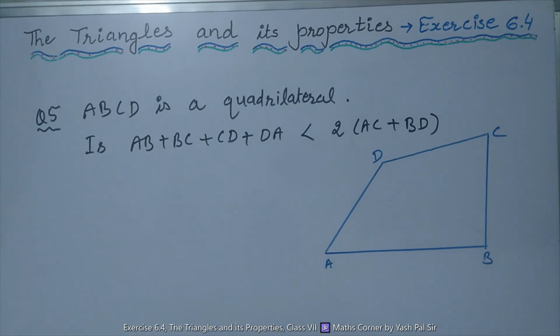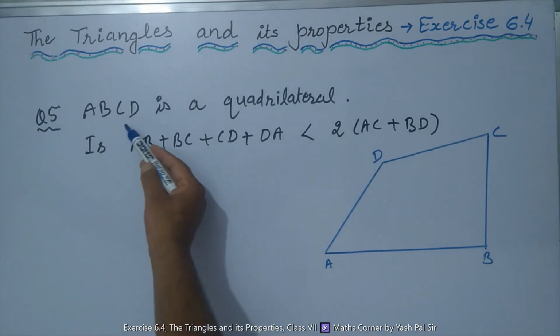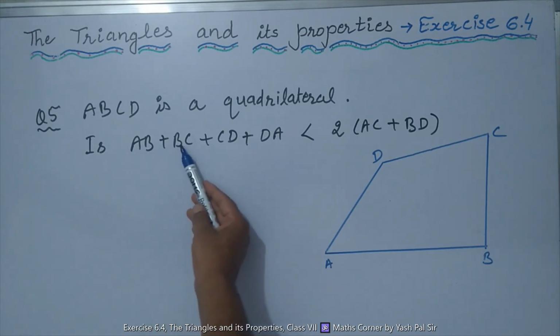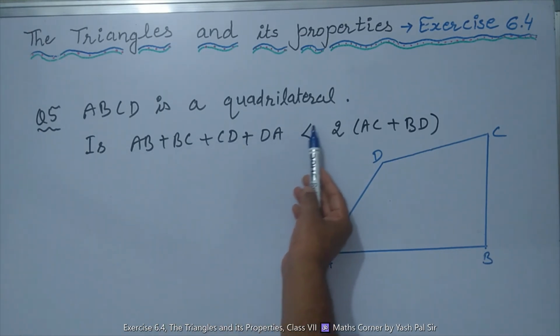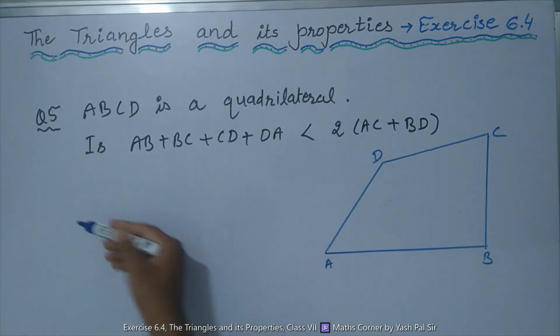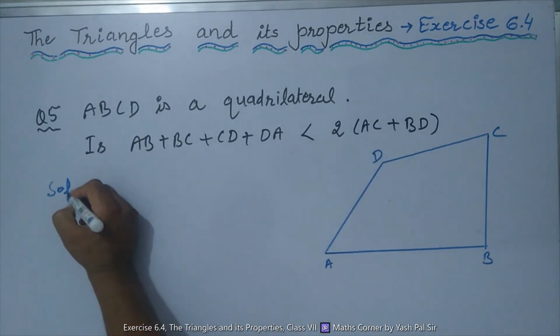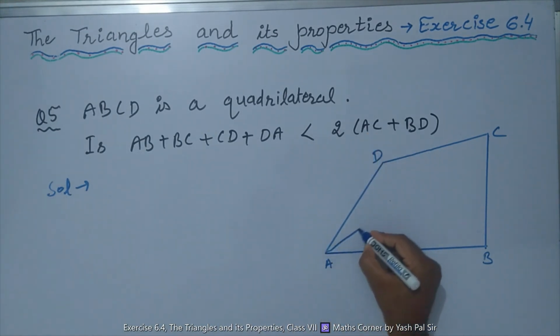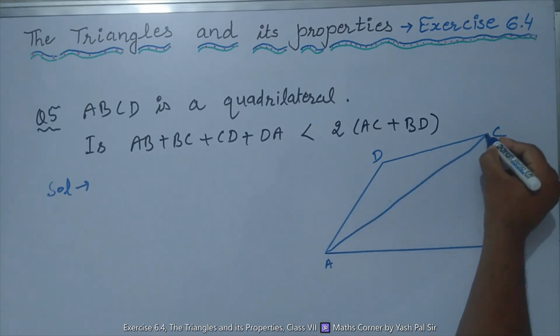Now coming to question number 5. ABCD is a quadrilateral. Is AB plus BC plus CD plus DA less than 2 into AC plus BD? So let us check now. First of all, we need AC. Where is AC? This way.